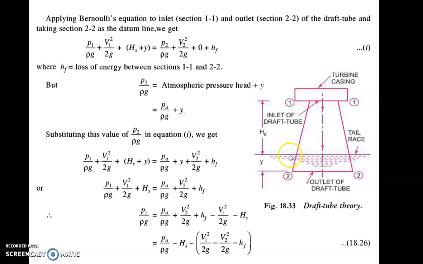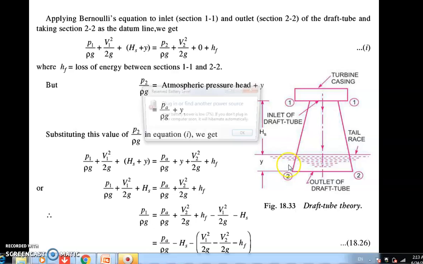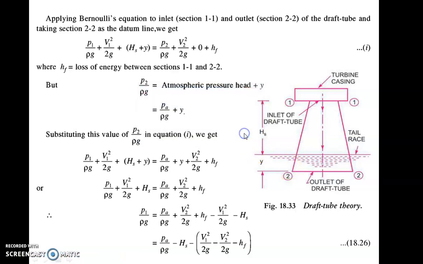That means the pressure at this point and the pressure at this point. This is the height y. The pressure at this point is atmospheric pressure, and the pressure at this point will be greater than atmospheric pressure, right? So it will be PA by rho g plus y.